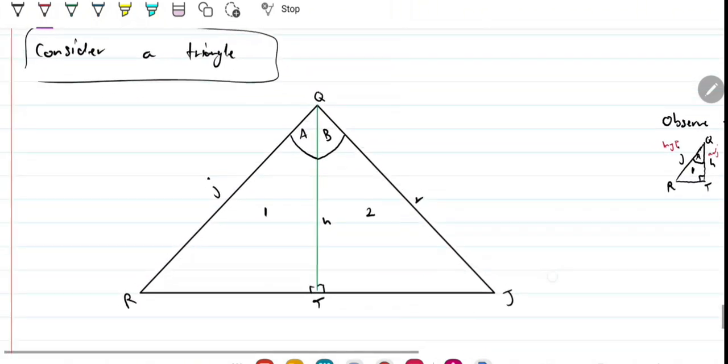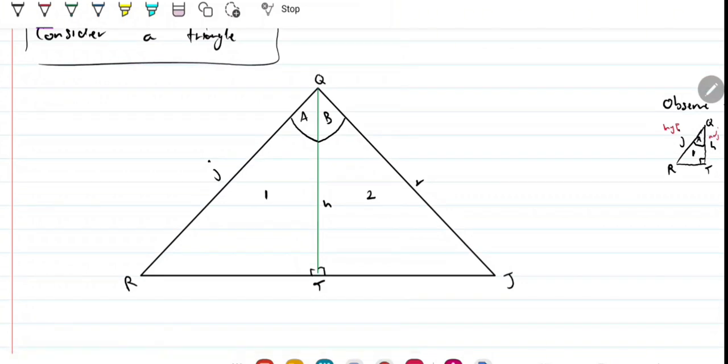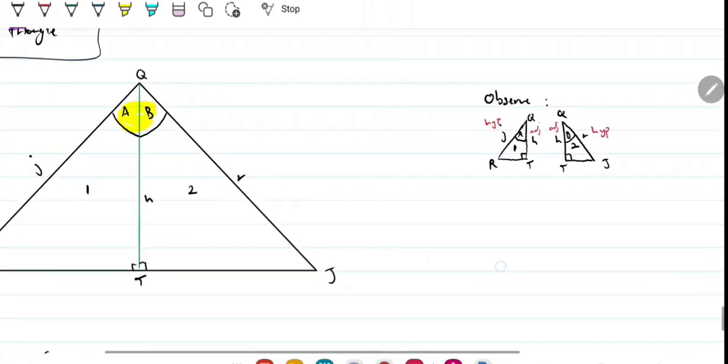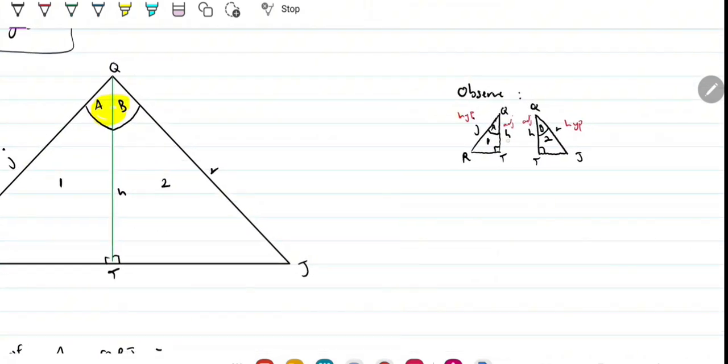Now for the derivation, I want to consider this triangle QRJ, and right up here, there is a compound angle. Also observe that for triangle 1, the left half of this triangle, H is the adjacent side and J is the hypotenuse.